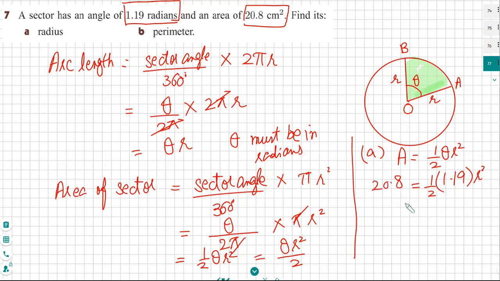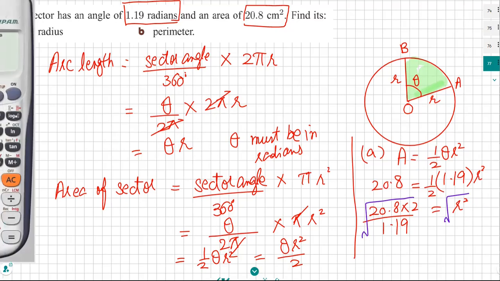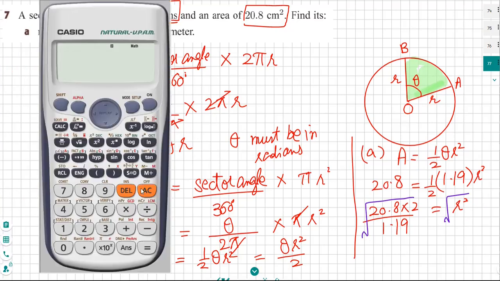Now you can take all the values to the other side. 2 will multiply here and 1.19 divides this whole thing, and it equals r square. Now you can take the square root of both sides, which will give you the value of r. So the square root of 20.8 times 2 divided by 1.19.